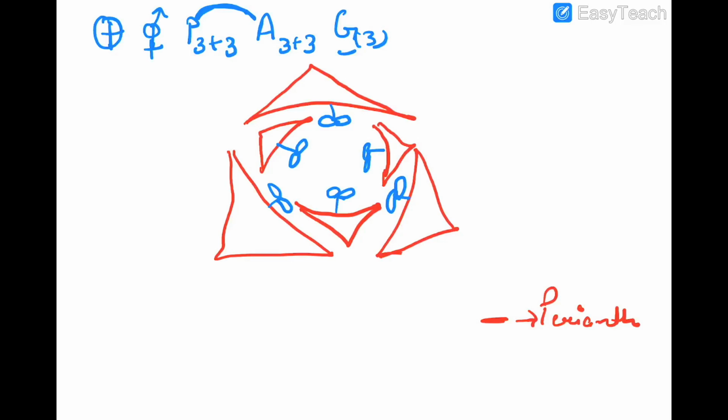So these are the 6 stamens. Now I will draw the gynoecium. Gynoecium is trilocular. Trilocular means it has 3 compartments. So these are the 3 compartments, 1, 2, and 3. And now the placentation is axile. So in axile placentation we have these ovules. So this is the floral diagram of family Liliaceae.